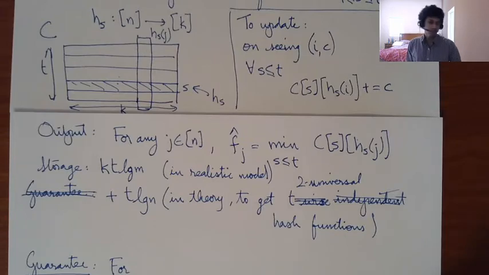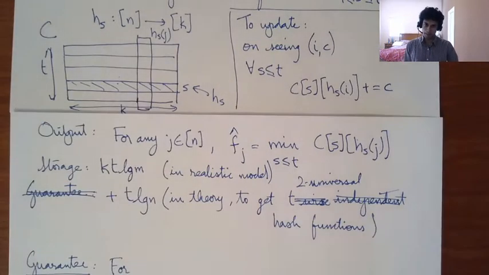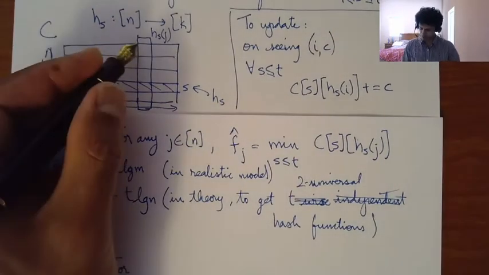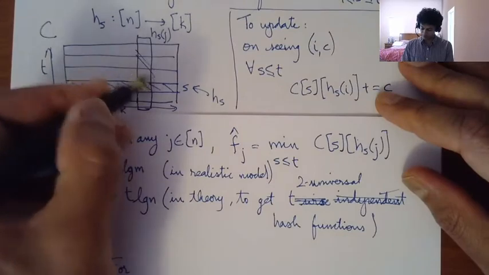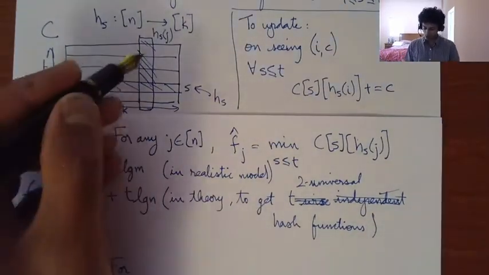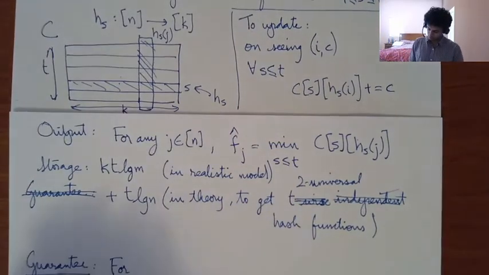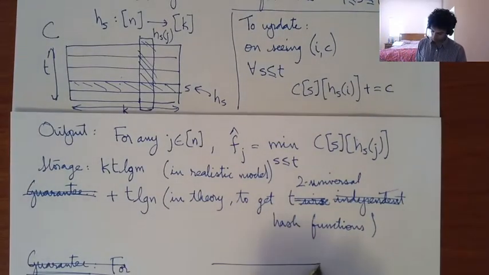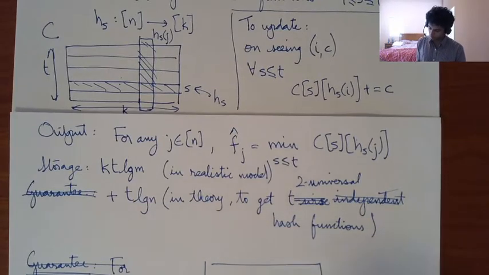Yeah, I agree with that. Sorry, you're right. This is a bad picture. I take that back. I made a mistake here. So you're right, it's not the same column. So I should draw this picture better. You're absolutely right. Sorry, I misspoke here.